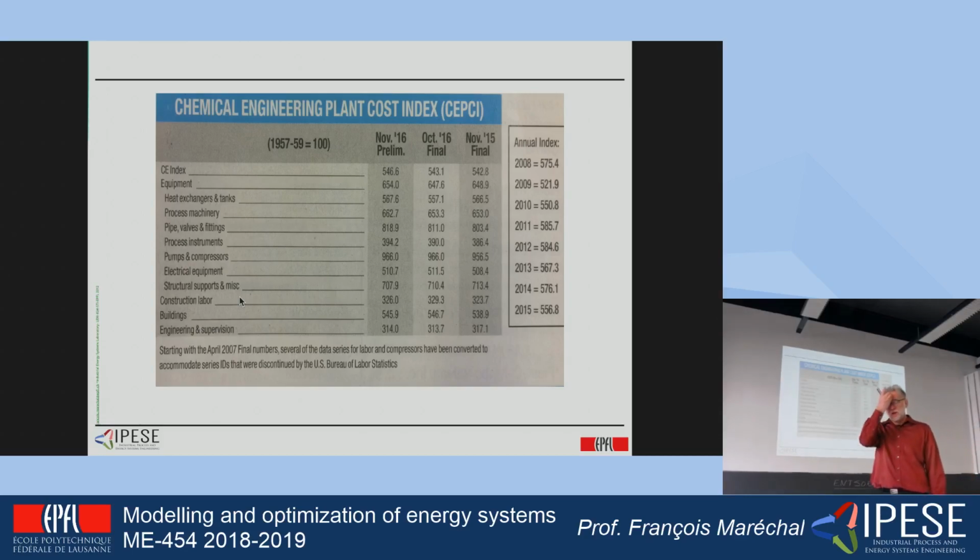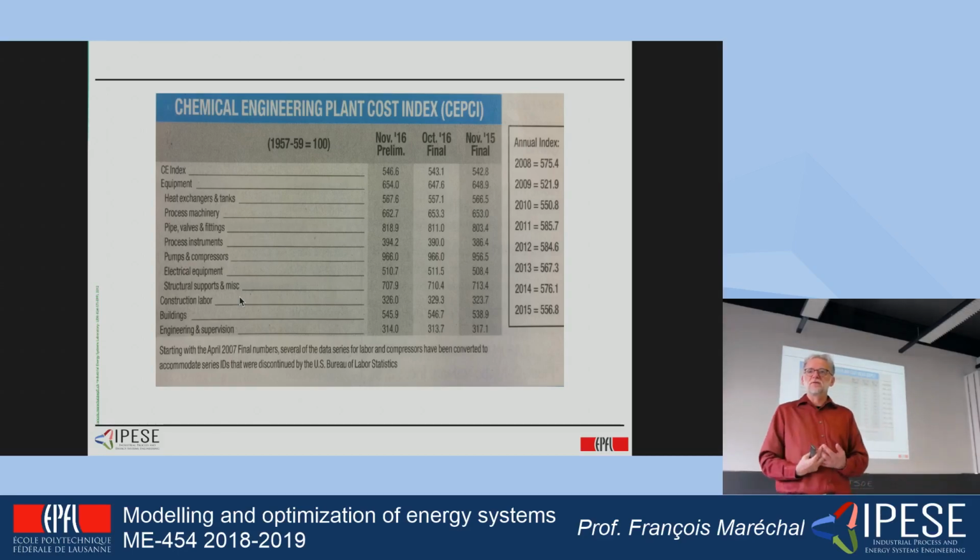For example, let's take the fuel cells. The fuel cells are going to be cheaper and cheaper because they are emerging technologies. The same for the PV panels. If I had used PV panels in 1957, they did not exist at all. So it might happen that the index is going down for some of the equipment.